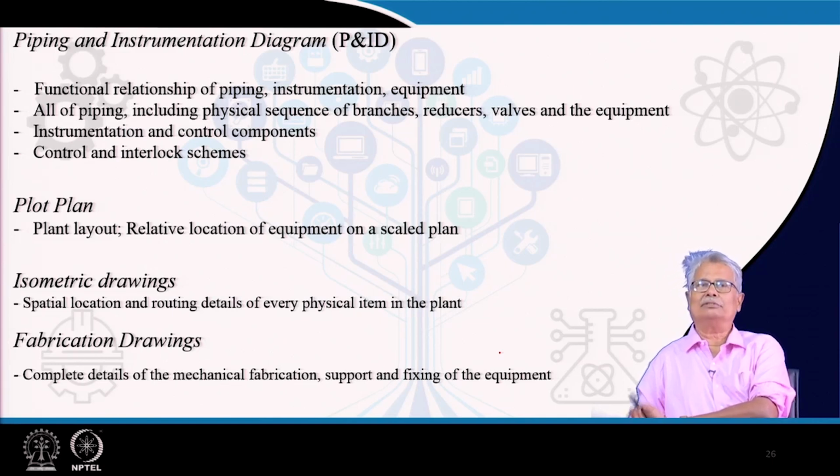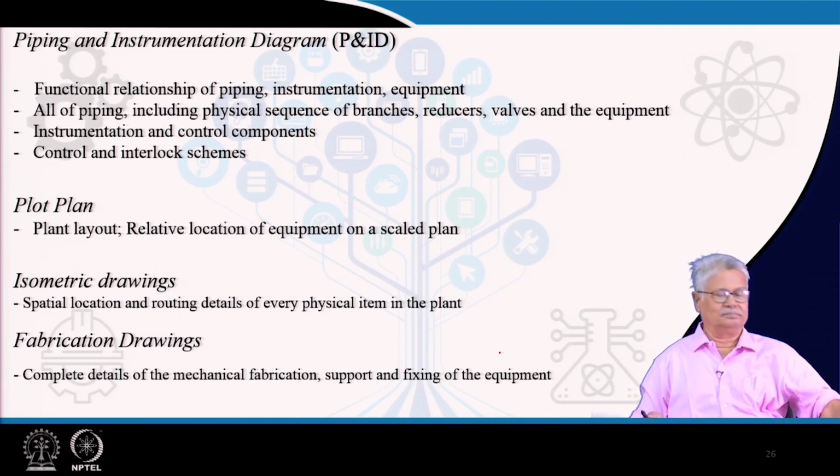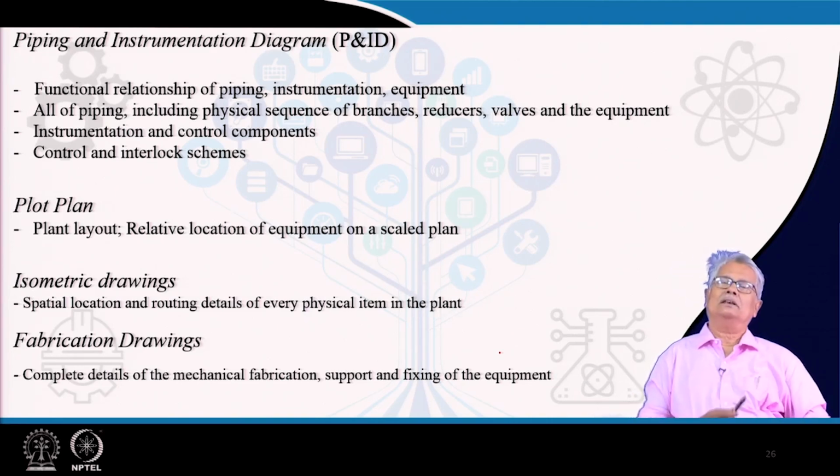Now, once you have completed these things, at least in a preliminary fashion, you have to ask for fabrication of your equipment. So far what you have completed are going to be the input of the fabrication. So, the fabricator has to be given the fabrication drawings, which he reviews first.